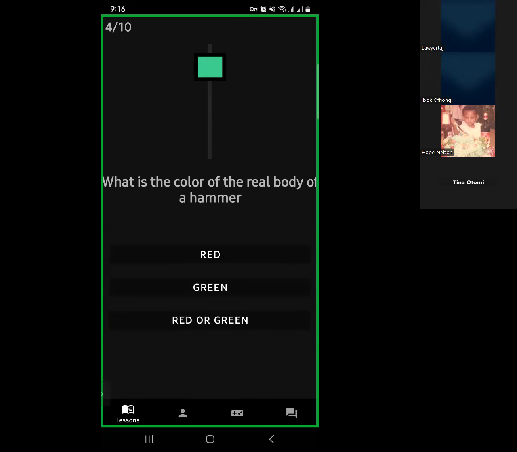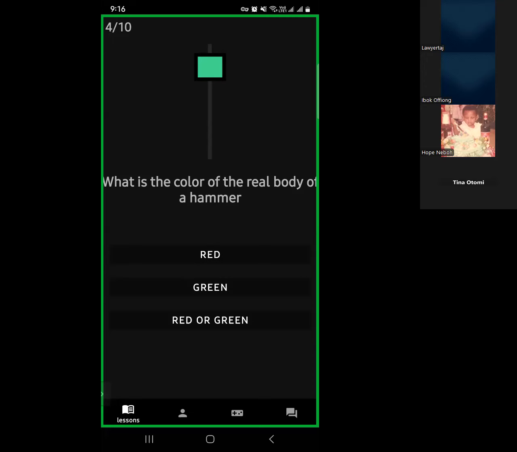What is the color of the real body of a hammer? Another question. What is the color of a real body of a hammer? Daisy, you say green. Everybody says green. A hammer could be red or green. Let me not take people's word, let me take my word now.